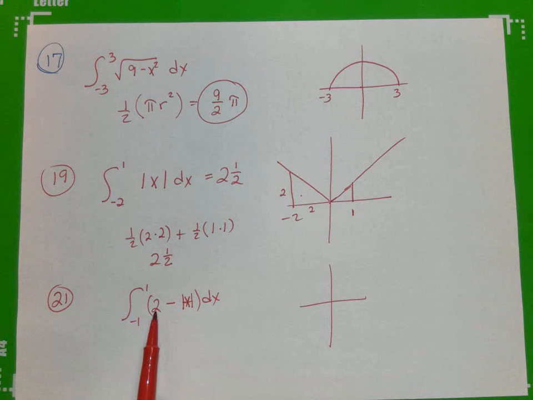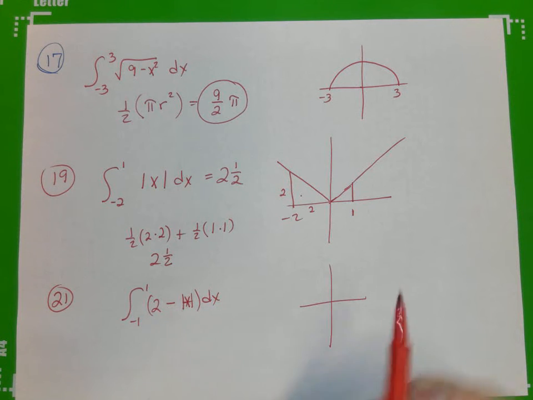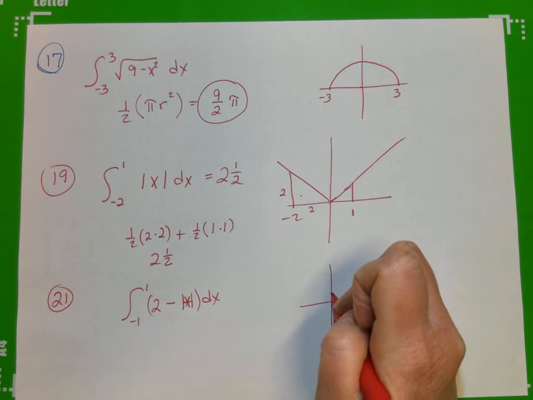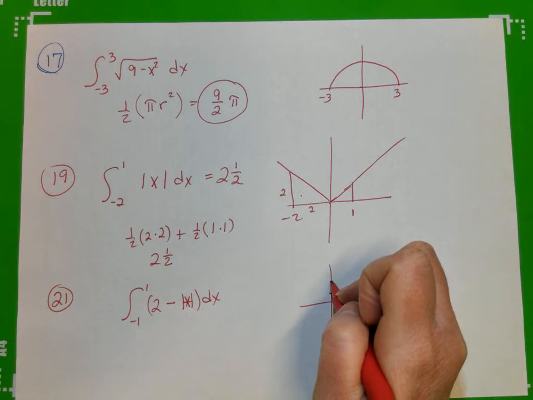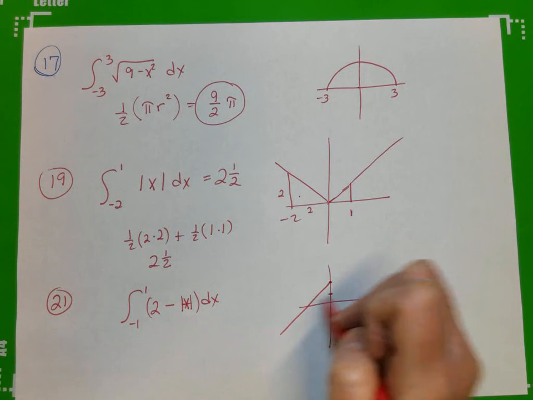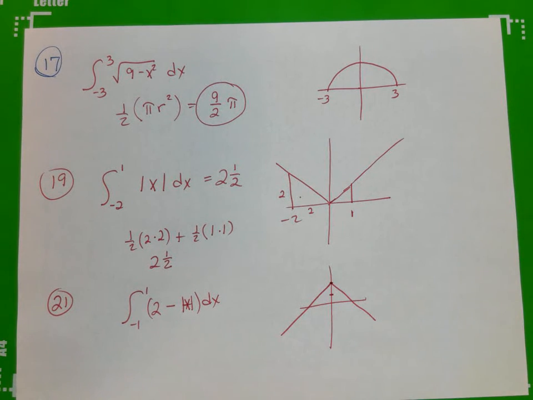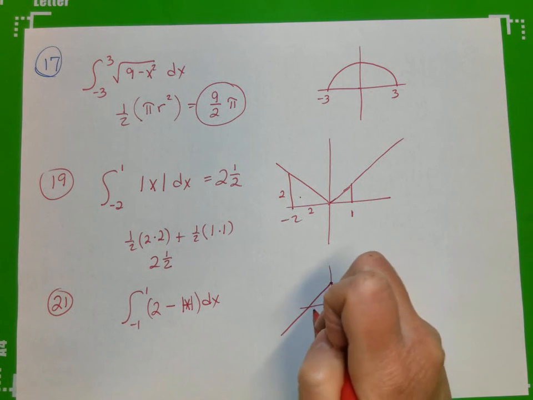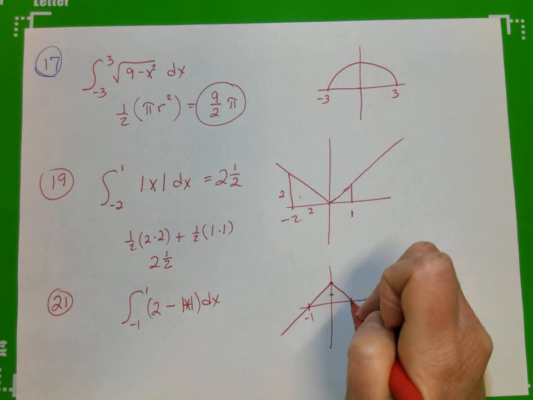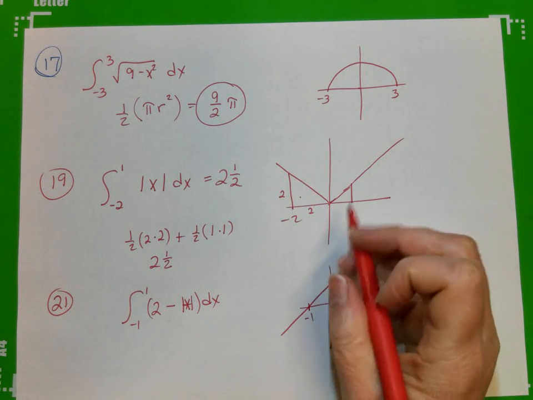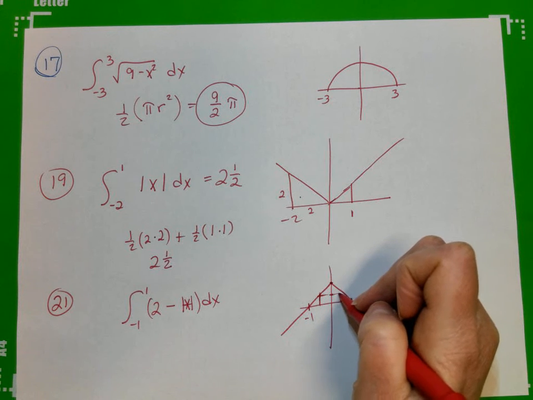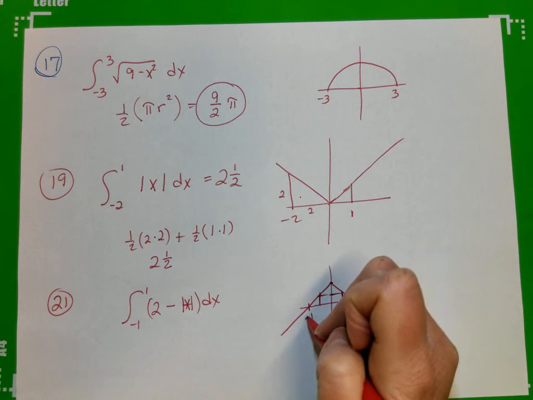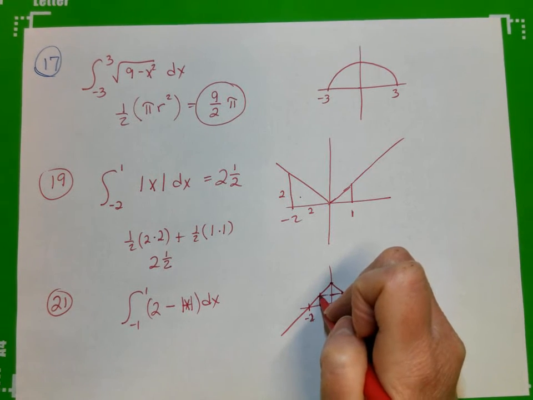I want 2 minus that, so I'm going to start up here at 2, and the minus tells me I'm going to go down. So it looks like this. I'm going from -1 to +1. I don't think I'm in the right spot here. That should probably be this one. Sorry, that is my bad. That should be 2 and -2. I want -1 to 1. So what does it look like?